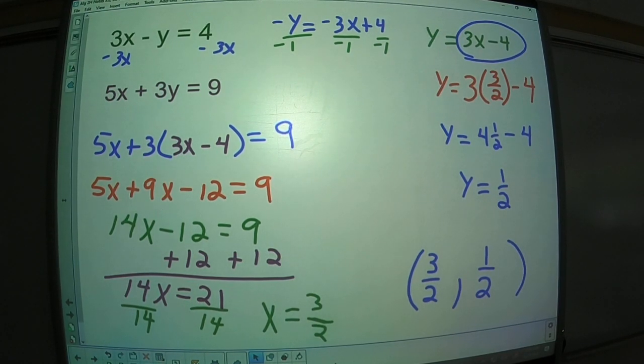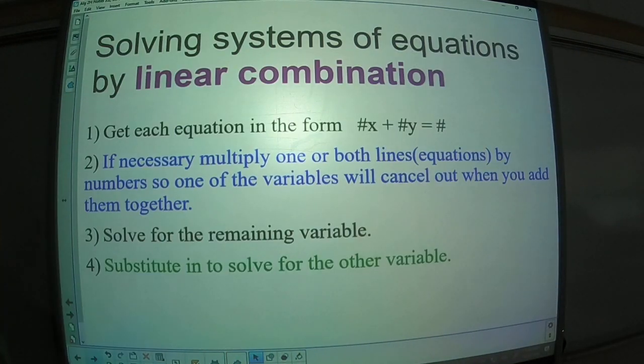So I double check my work. Let's see. 3 minus 4, that's all good. I plugged it in. I distributed correctly. I combined like terms correctly. And yeah, no, that's right. So 3/2, 1/2. All right, let's take a look at our next example.